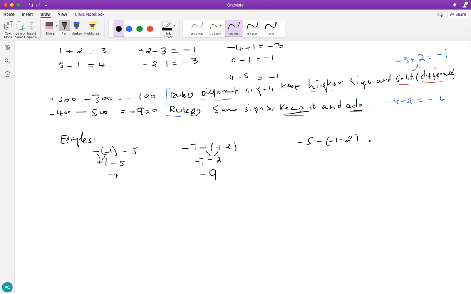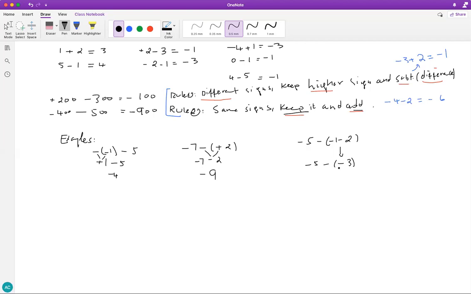Where do you start from with the order of operations? What's in the parentheses. Right, -1 minus 2 is -3. Exactly, -3. Bring the other ones down. What do you do after that? Then what needs to be simplified? The opposite of -3.